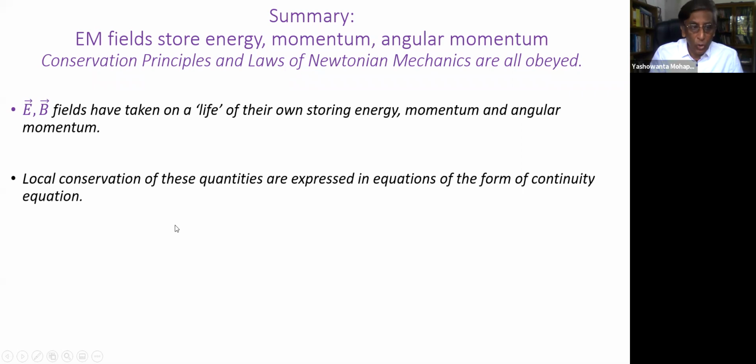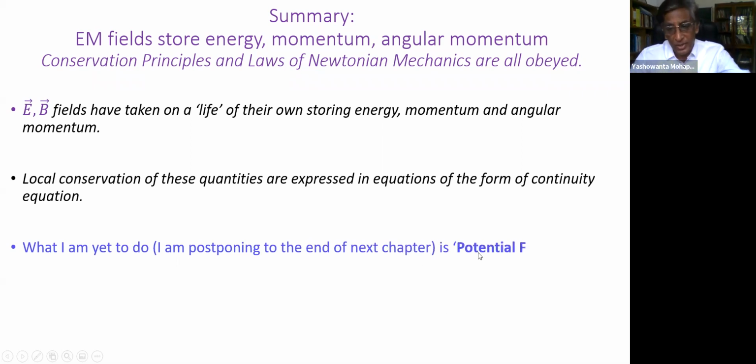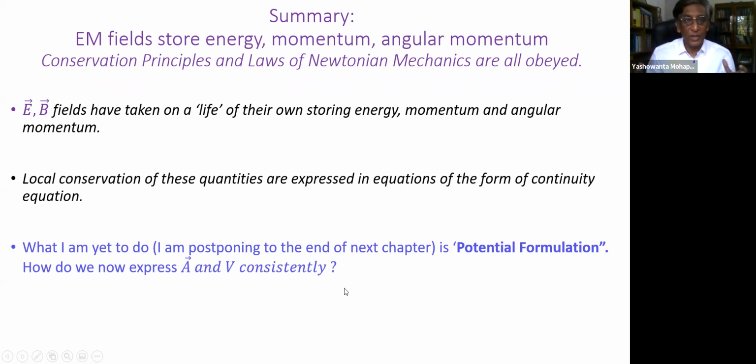Now, two things that I have not done, let me list down here. What I am yet to do, and am postponing to the end of the next chapter probably, is the potential formulation. How do we now express A and V consistently once we have admitted that things can change with time? In electrostatics, we defined V because the electrostatic field was conservative.